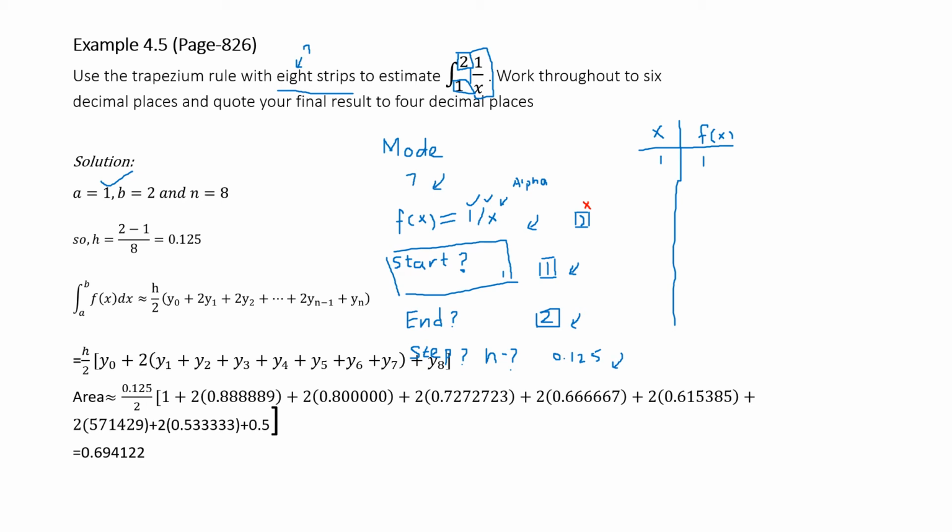For x equal 1.125, actually I forgot to add that from the calculator table, this value is coming 0.88 and so on. I will recommend that you take as many of these digits as possible.